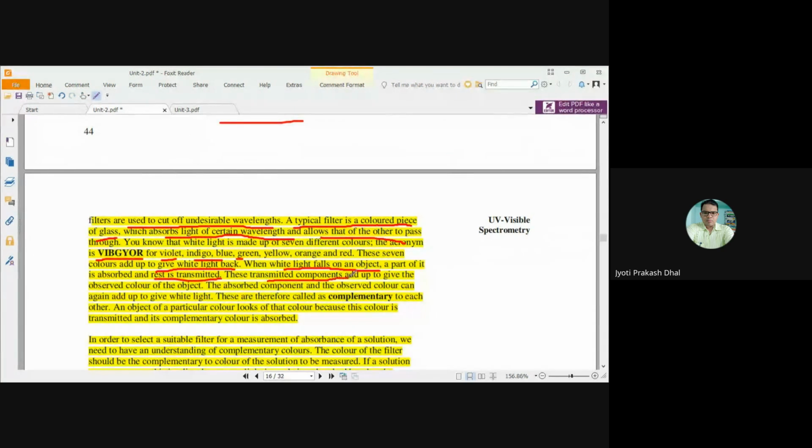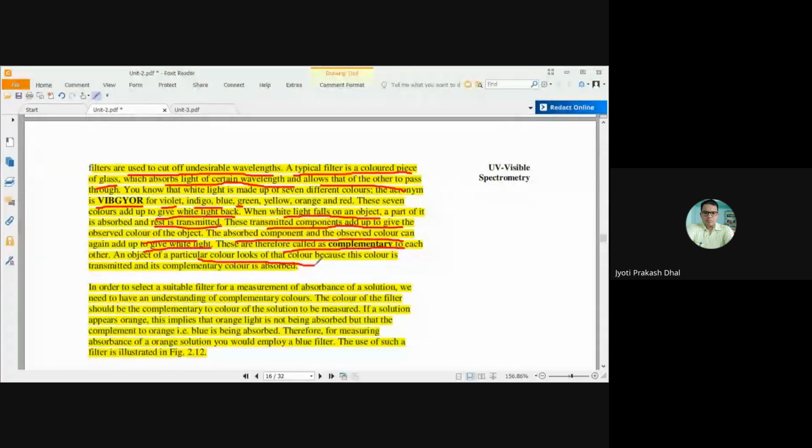These transmitted components add up to give the observed color to the object, and the observed color and the absorbed color can again add up to give white light. So these are complementary to each other. If any object absorbs one color, it will look like its complementary color.